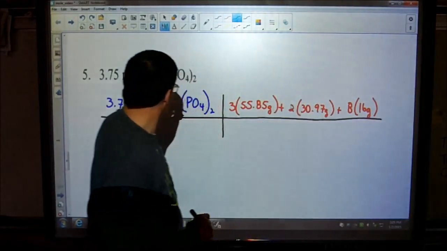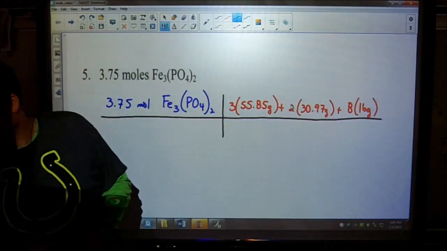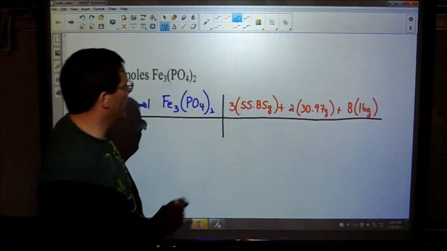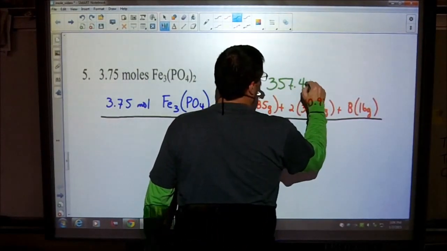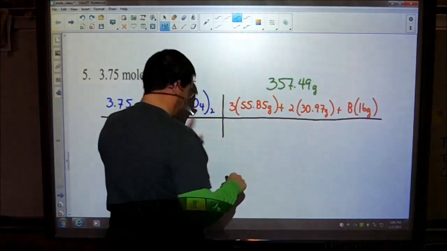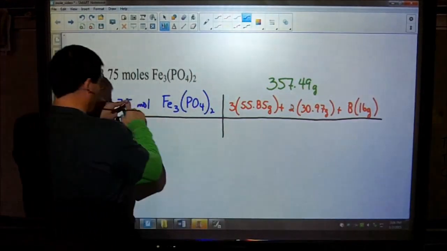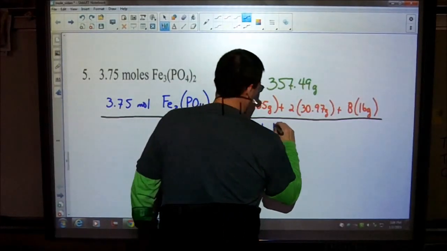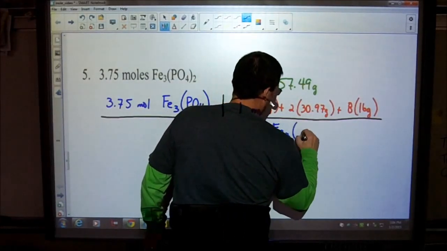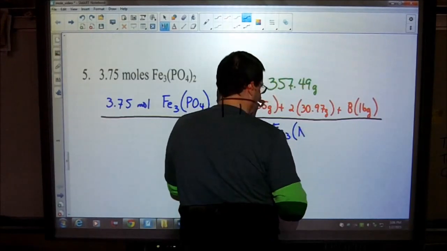And the iron 2 phosphate has a molar mass of 357.49 grams. And again, that is per mole. So again, try to get rid of the unit mole. So 1 mole of iron 2 phosphate, not nitrate.